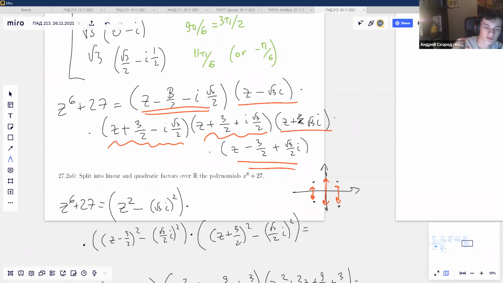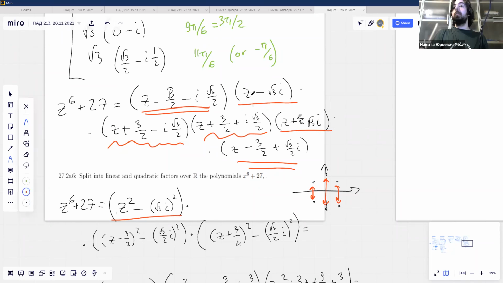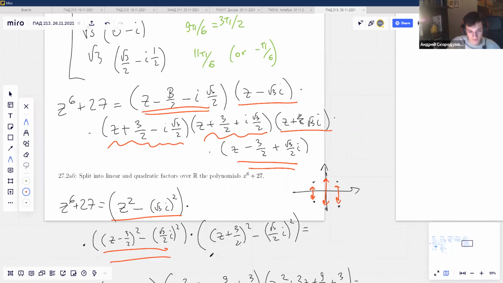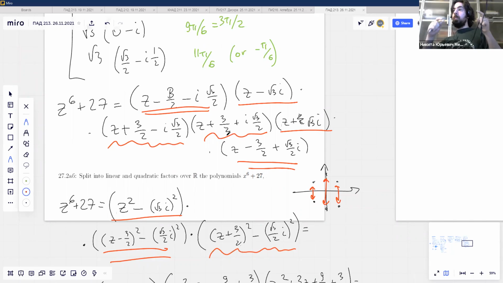That is why we just have every bracket in a square. This is the difference of squares, and this is the difference of squares. I claim that there is always a way to couple brackets into pairs, such that each pair, when you multiply them, i disappears. Complex numbers disappear.